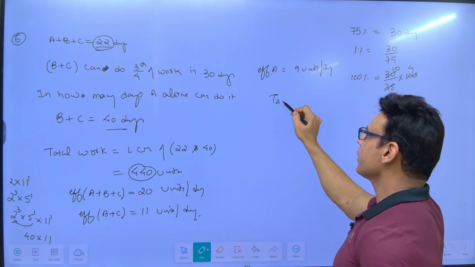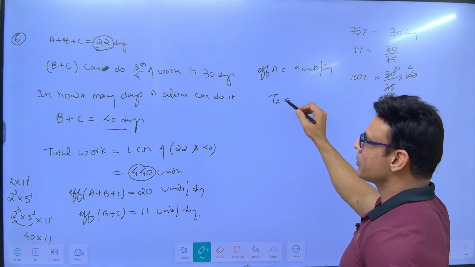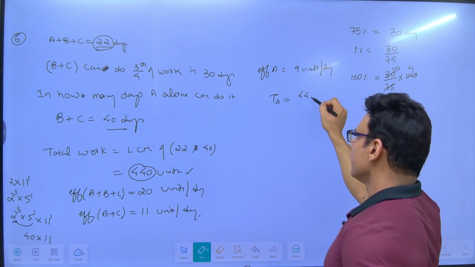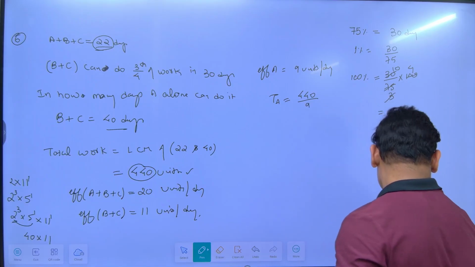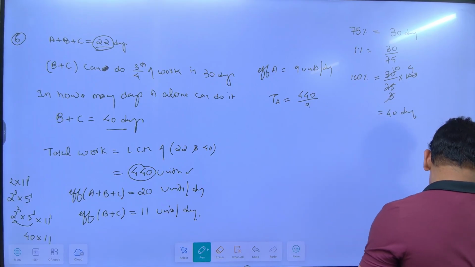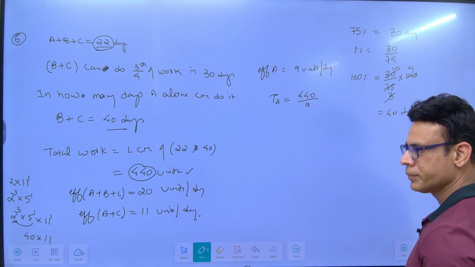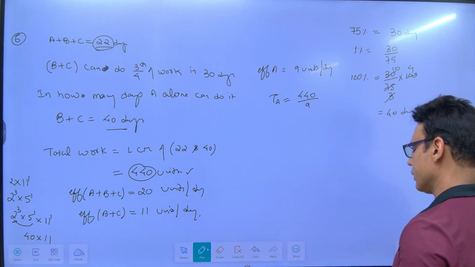I have to find out the time taken by A. So A now has to do how much work? 440 divided by 9. What is 440 by 9?